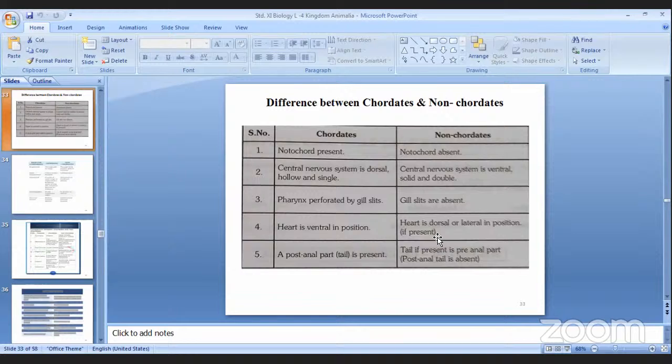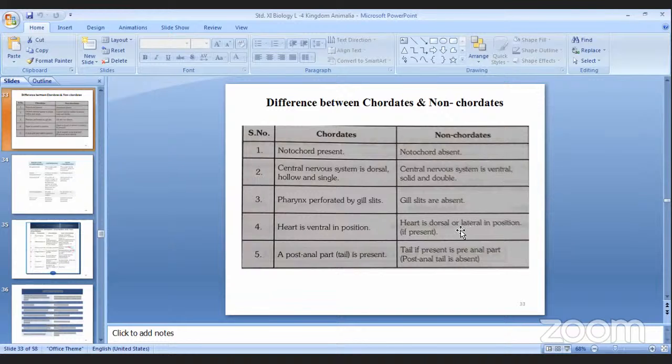Students, by this you should understand when we are studying differences: obviously if it is present here, in the next one it will be absent, because we are studying the differences. When we study the comparative study or similarities, then we have to be alert to see whether it is present in both or only in one. Clear? So here the heart is ventral in position.